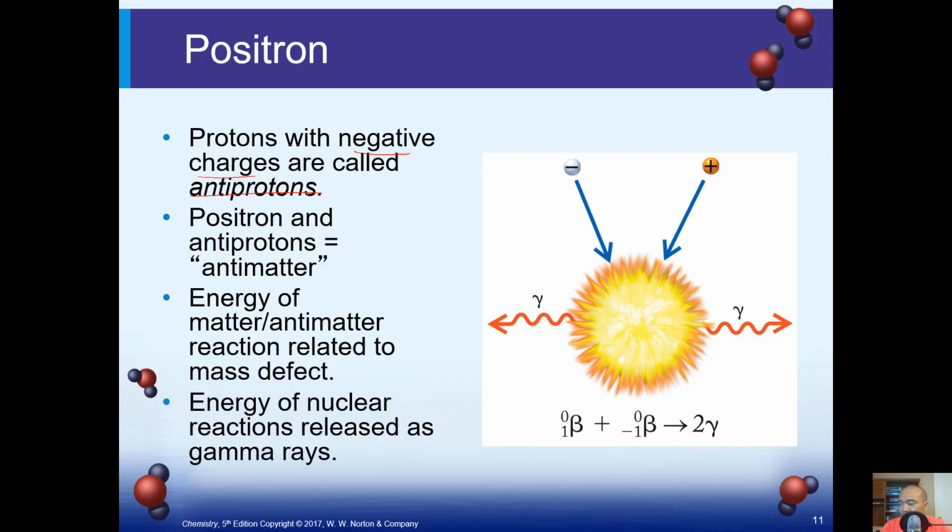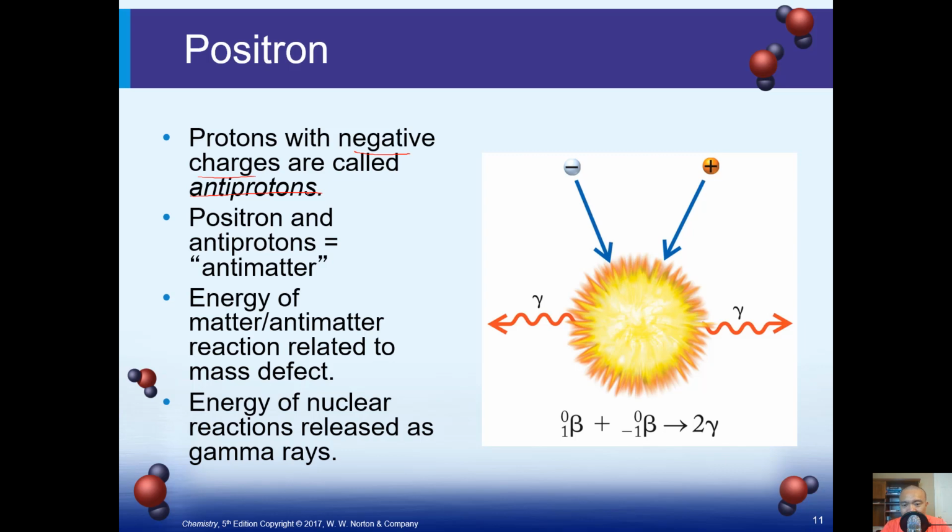So for this reason, positrons and antiprotons are so-called antimatter. The collision of particles of matter with their antimatter opposites results in very energetic reactions in which the two particles annihilate each other.